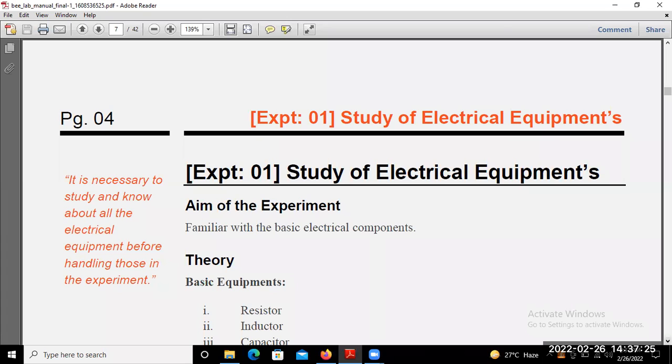Other than that? Load, conducting wire, ammeter, voltmeter, power supply, galvanometer, variable resistance, rheostat, meter bridge, multimeter, potentiometer.